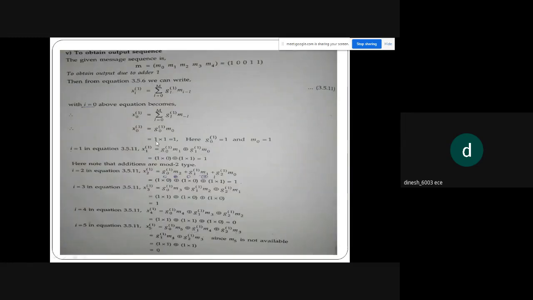So bring that here. m0 is 1, so substitute that here. So we get g0 of 1 is equal to 1 and m0 is equal to 1 from these two equations, which is 1 into 1, we get x0 of 1 is equal to 1.